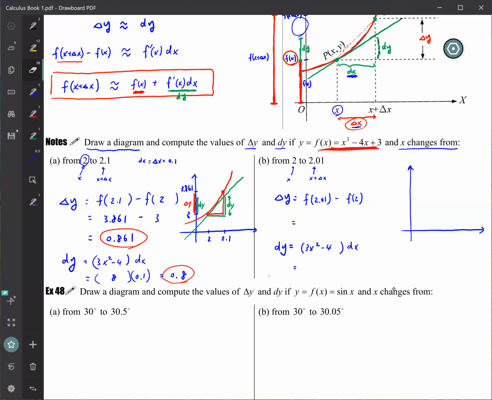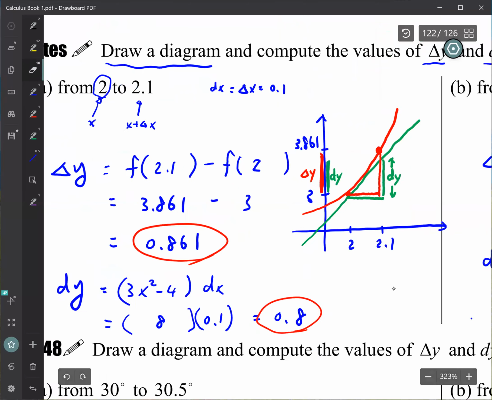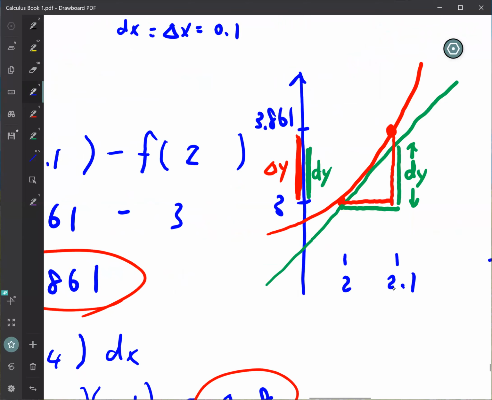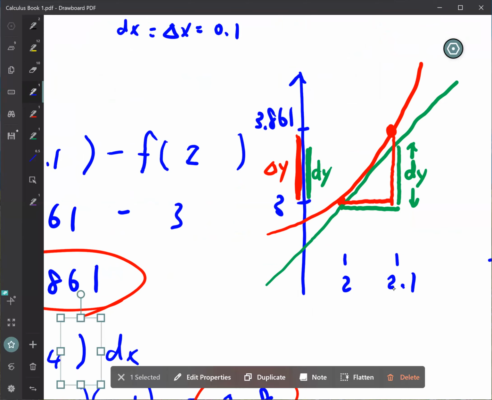So this time you should get something even closer, your delta y and dy. Think about it: instead of 2.1, we are shifting to 2.01.